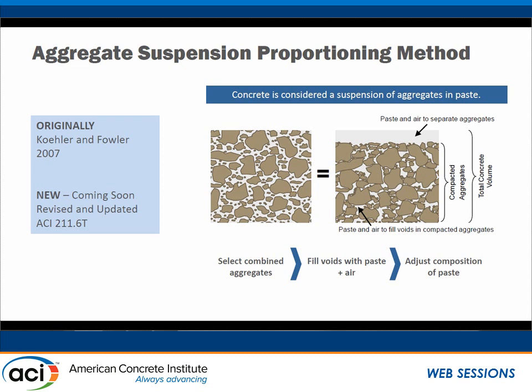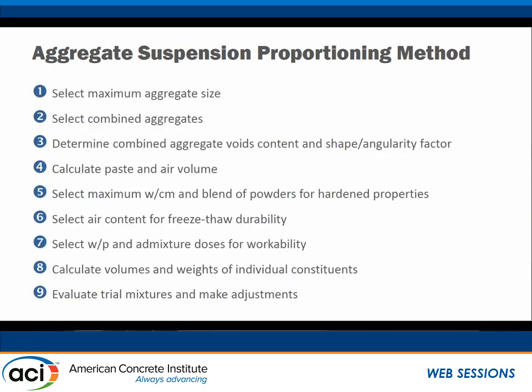So we select the combined aggregate, and there's criteria for that. Then we fill the voids in that compacted aggregate with paste and air, and then we adjust the composition to get the right hardening properties. So there are 9 steps to the method, and this will be out soon from ACI, so you can get on the ACI website and go through this.